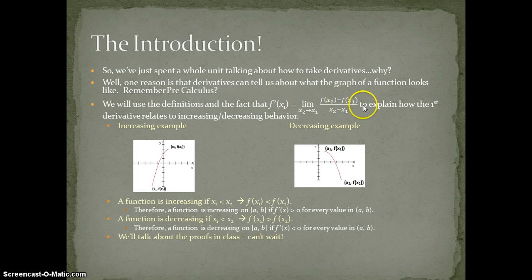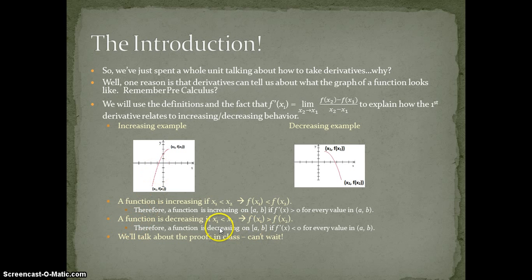If you go back to our limit definition of our derivative, we can see that that'll mean our numerator will be positive because f of x sub 1 is less than f of x sub 2. And our denominator will also be positive. x sub 2 minus x sub 1 is going to be bigger than 0. So overall, since our numerator and denominator are both positive, our function will be increasing if f prime is bigger than 0. If the slope is positive.